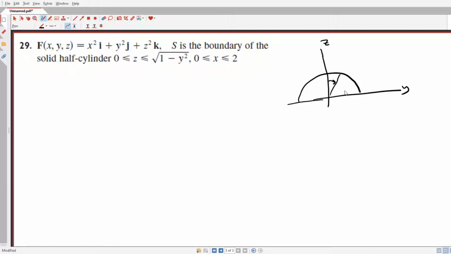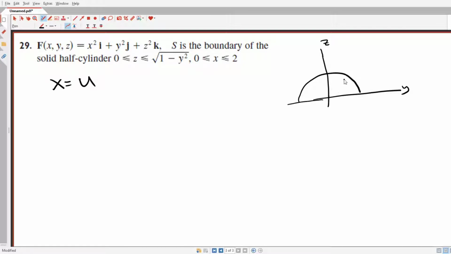So we'll basically do cylindrical coordinates, but it's going to be a little bit different. Here x is going to stay the same, we'll just say that's equal to u, so that's the depth up out of the board.